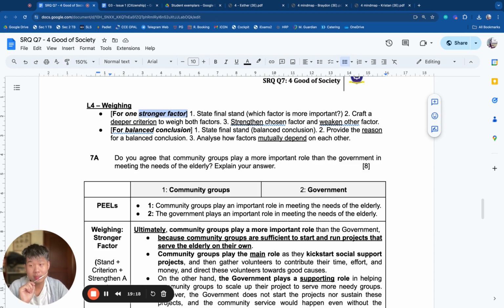Actually, you've only seen the stronger factor method, which is first you state the final stand, which one is stronger, and then you craft the deeper criterion, your weighing scale, your benchmark, your metric, your yardstick by which you are testing which is stronger. And I suggested some possible starting points. Your weighing scale, your deeper criterion, your weighing criterion.